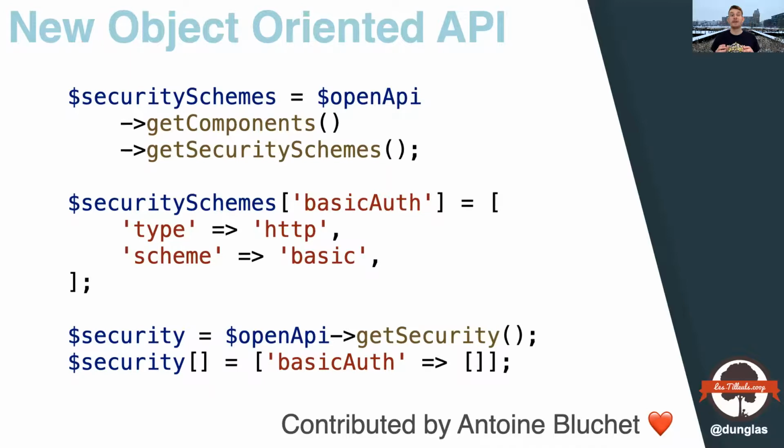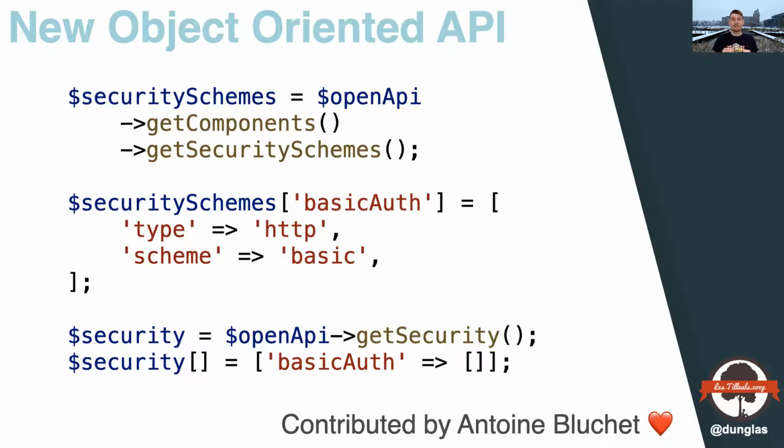For instance, you may want to add the security schemes that are supported by your API. In API Platform 2.5, it was mandatory to access the raw PHP array and to change this array, which wasn't very convenient. In API Platform 2.6, there is now an object-oriented API allowing to modify and to create OpenAPI documentations.